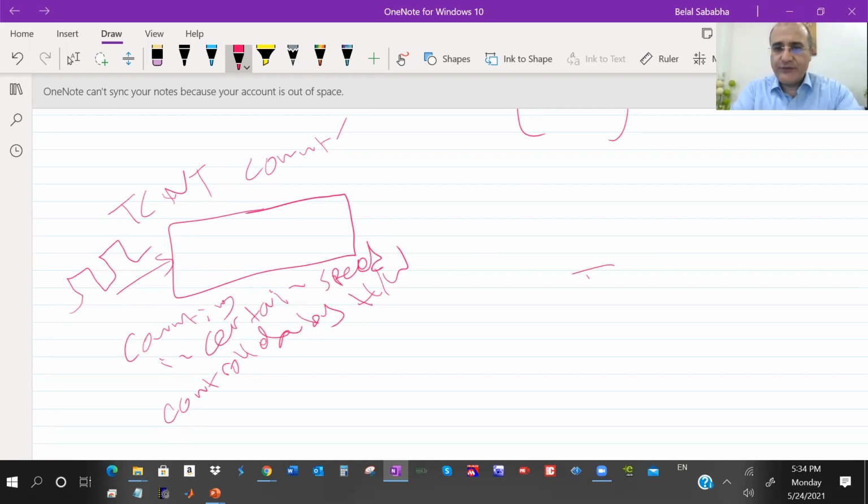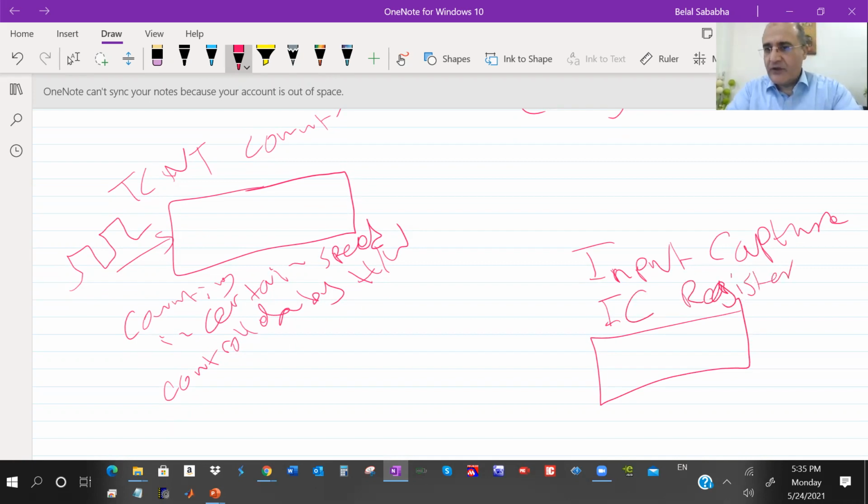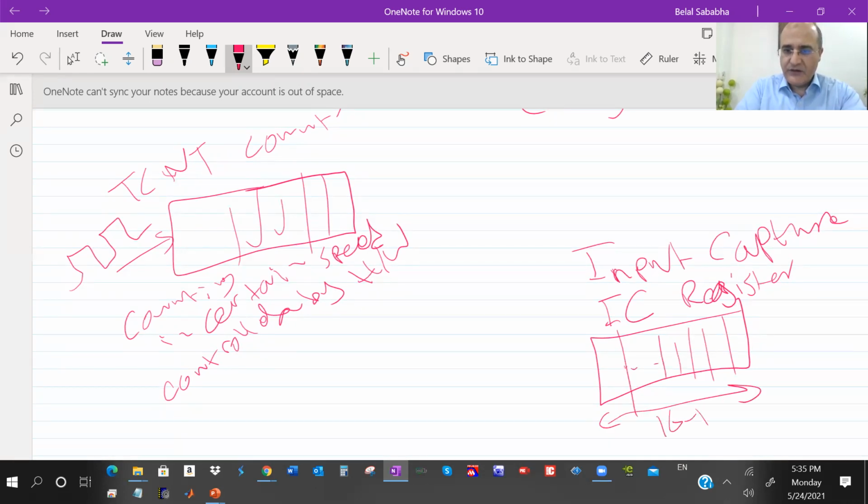An input capture has an input capture register, data register, let's call it. Okay, and this Tcnt, they should have the same size, 16-bit, and this one is also 16-bit.